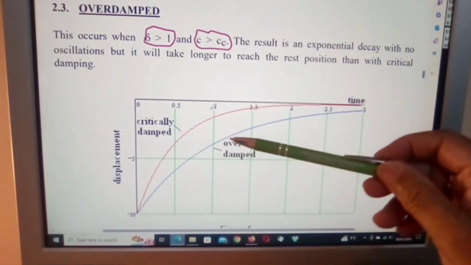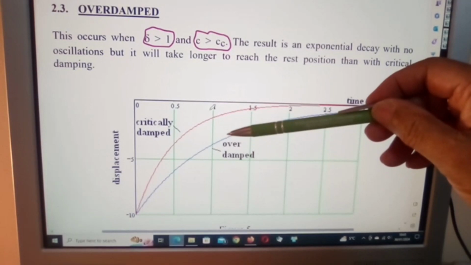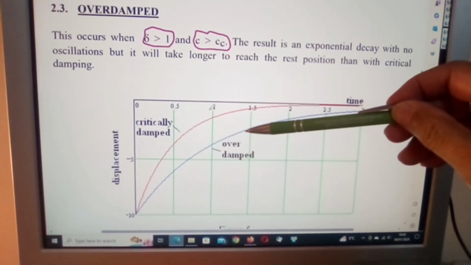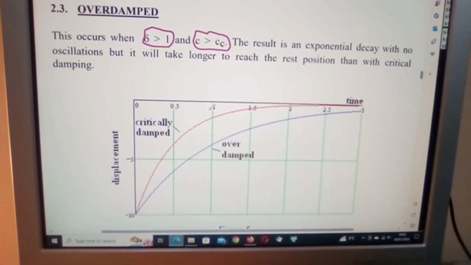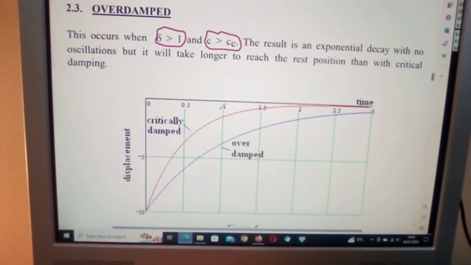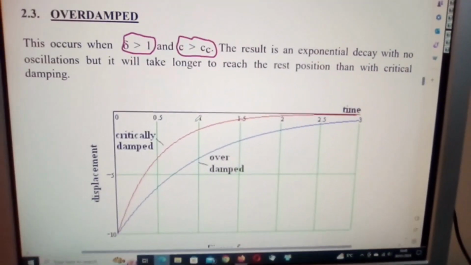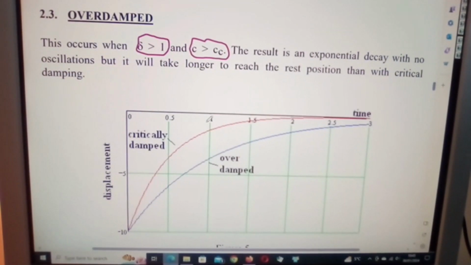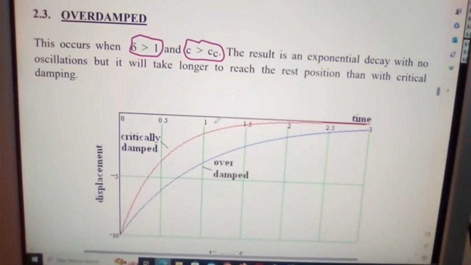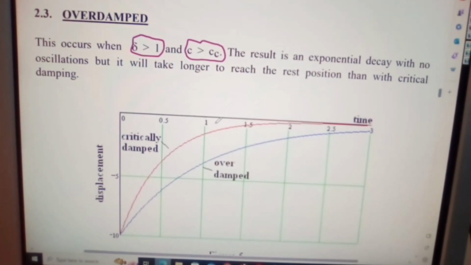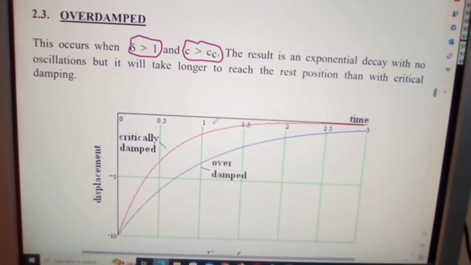What it means is that this kind of continues to vibrate a little bit before it settles down to a steady state. That's interesting.